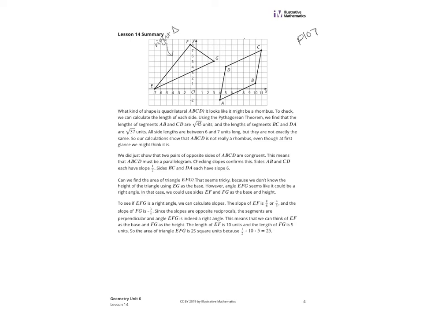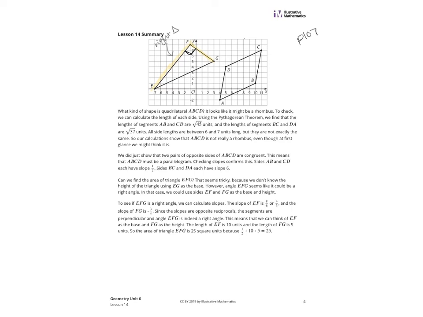It discusses using the slope of EF and the slope of FG to show that angle F is a right angle. That's exactly what you and I did on the previous page.